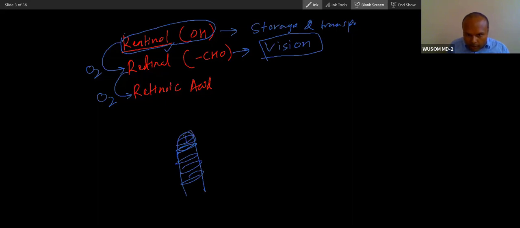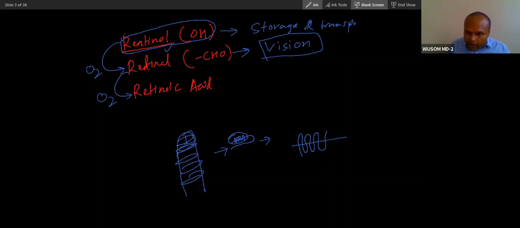Each membrane has this receptor, a G protein coupled receptor. If you enlarge this G protein receptor, it is a 7 transmembrane receptor.